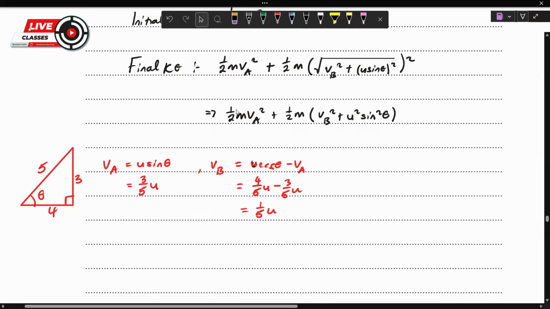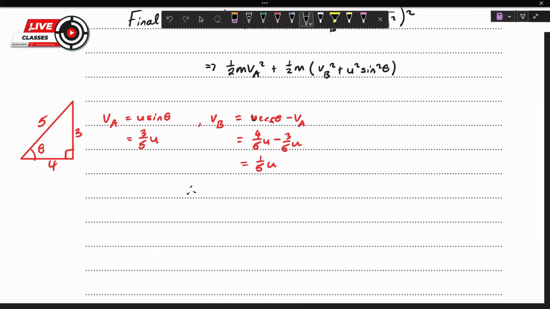So it therefore means that the final kinetic energy is half m of VA squared, which is 9/25 of U squared. And that's going to be plus half m of VB squared, which is 1/25 U squared, plus this, where sine squared is basically 3/5 squared, so that's 9/25.